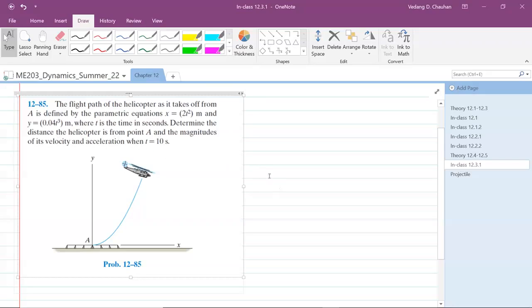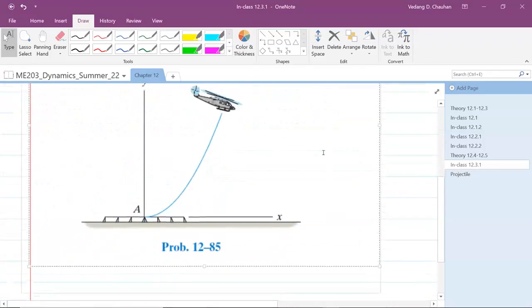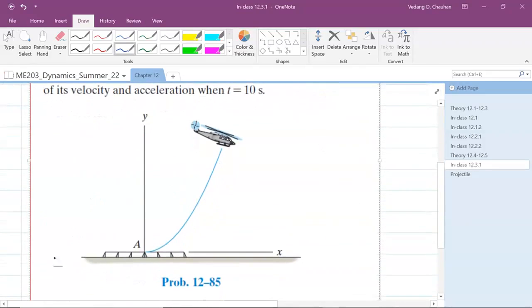So we have the equations for the position, and we need to calculate the exact position of the helicopter from A at 10 seconds. Let's look at this more closely. This point A is our origin, so that's (0, 0). We define our coordinate system: the positive direction of x going right and the positive direction of y going up.